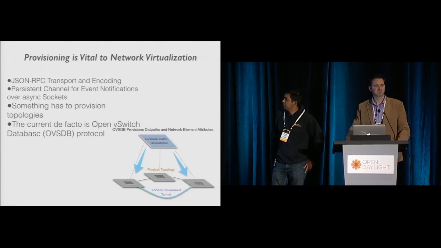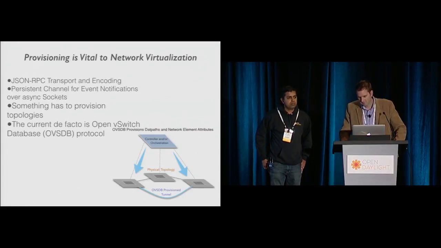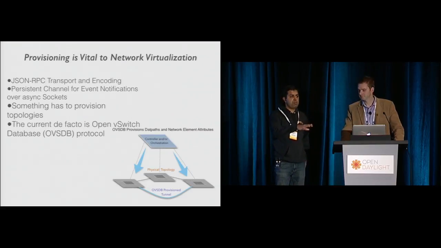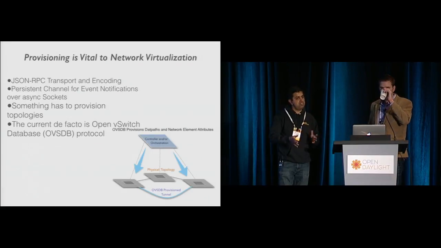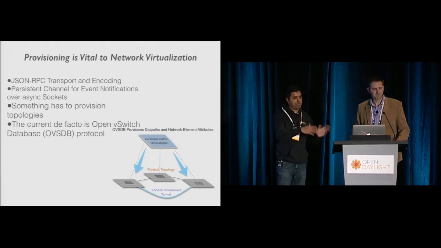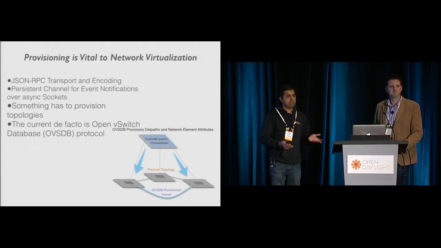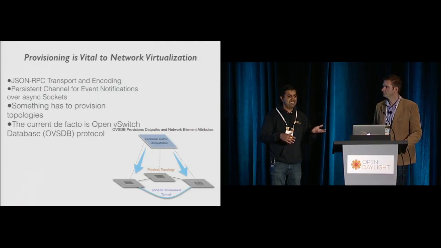Yes, sir. Talking about OVSDB, is the OVSDB persistent across reboots of the compute node? The question is whether OVSDB is persistent across reboot of compute nodes. It's actually defined in the schema itself. In the schema we can say whether you want it to be persistent or not persistent. It really depends on the schema, and you will see that in many cases it will be persistent, in some cases it will not.